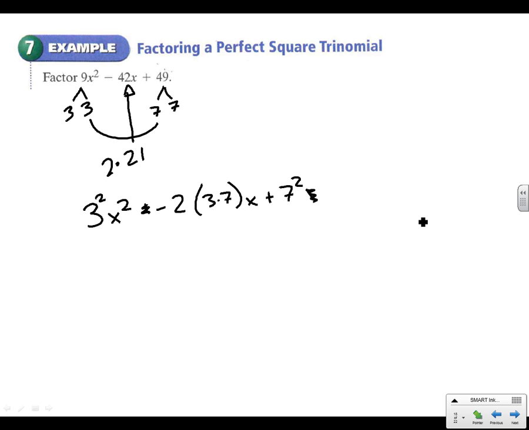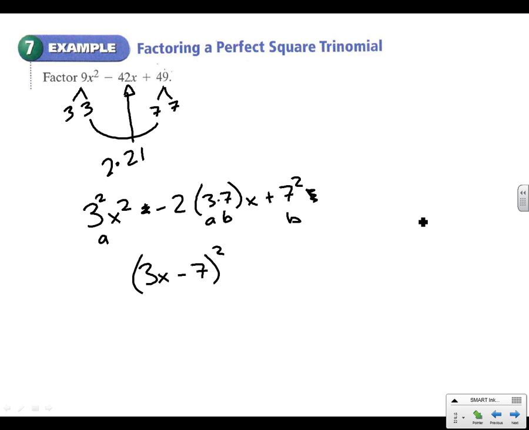And no x's on that one. Right? So that's the pattern: a squared minus 2ab plus b squared. This is a, and this is b. So our result here is going to be (3x minus 7) squared.